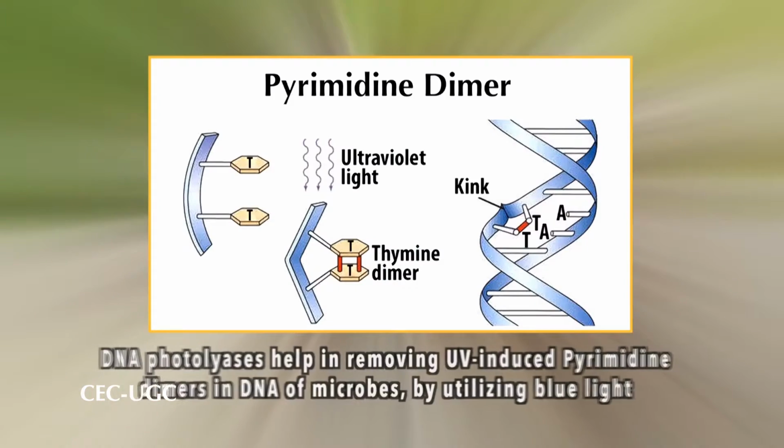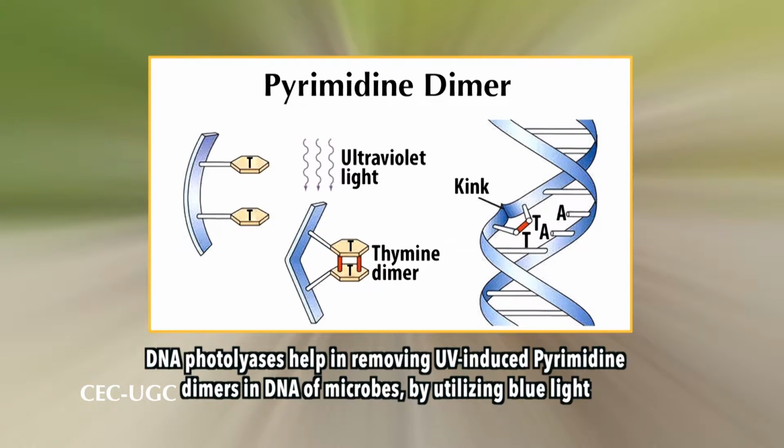These blue and ultraviolet light receptors share sequence similarity to DNA photolyases. DNA photolyases help in removing UV-induced pyrimidine dimers in DNA of microbes by utilizing blue light.